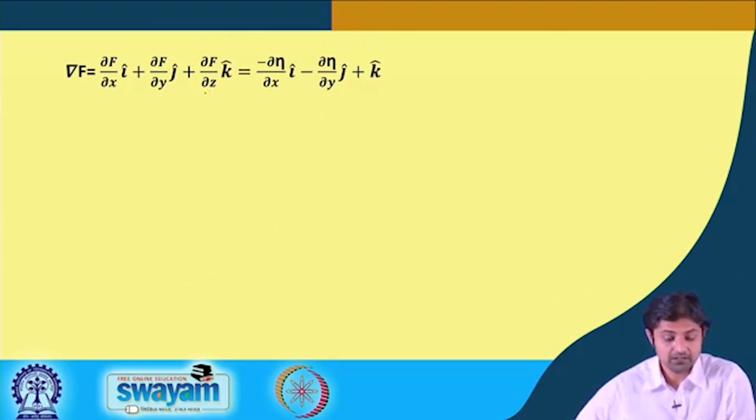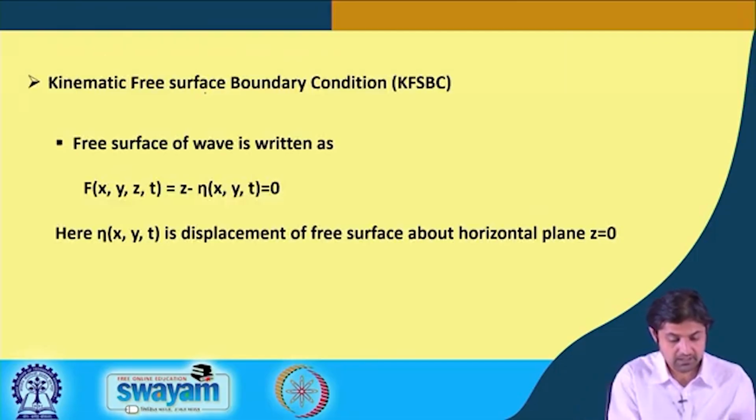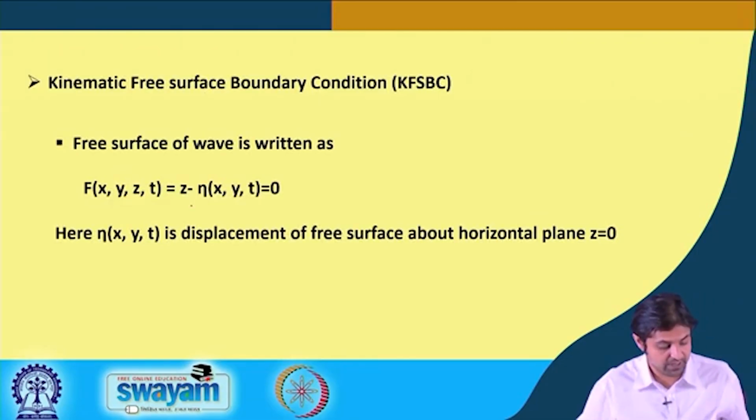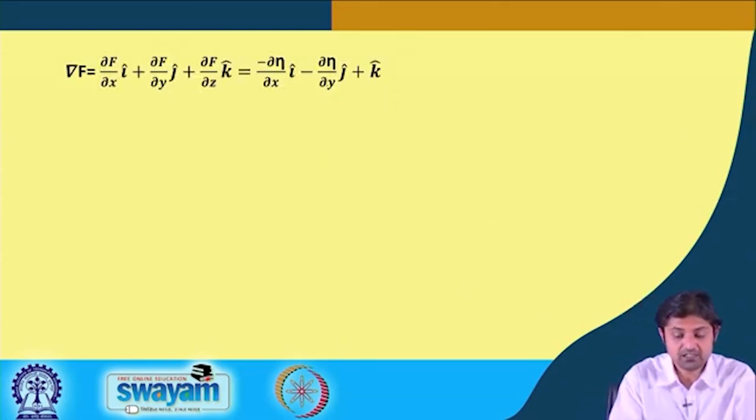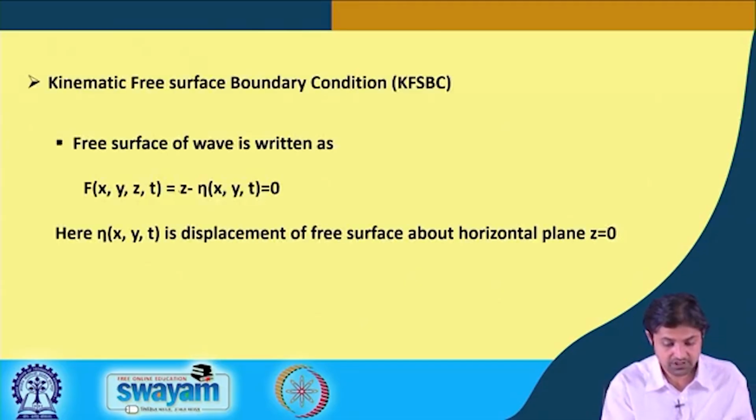If we put f as z minus eta x y t, then we get minus del eta del x i cap minus del eta del y j cap plus k cap, because it will be 1 dot k cap, since we had the term z alone here.